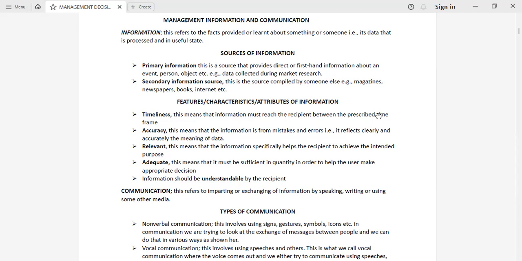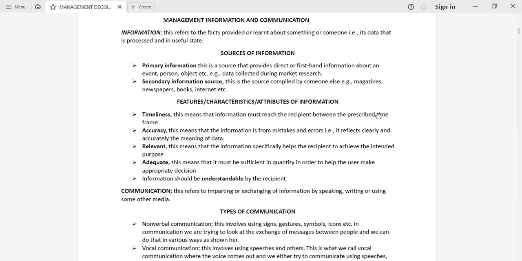This is a source compiled by someone else, the same way you receive the notes that are prepared and presented to you. It's not you who prepared it; it's me who did the research and put it together so that you can receive the message that can help you pass.